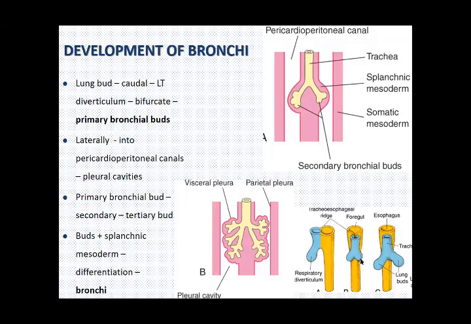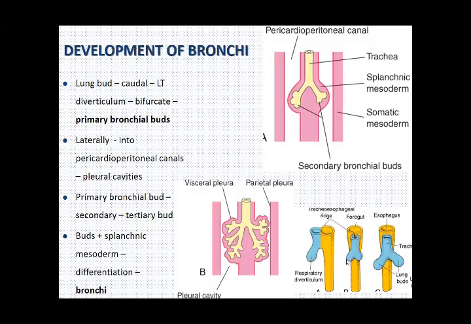उस dilated part की जो आगे से the two subdivisions, they are called primary bronchial buds या lung buds. ये primary lung buds, ये primary bronchial buds कहते हैं. ये जो primary lung buds हैं, they then grow distally.